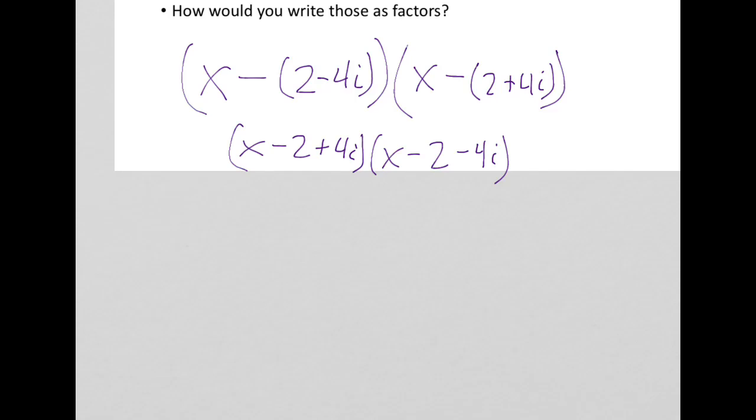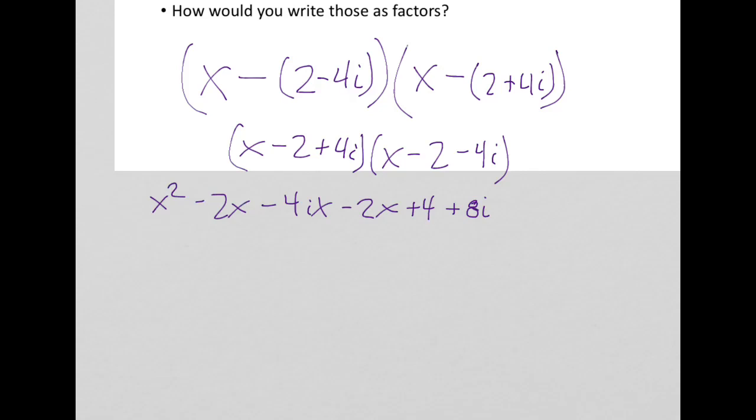I can multiply them together. x times x is x squared. x times negative 2 is negative 2x. x times negative 4i is negative 4ix, and I'm just distributing, and now I'm foiling, but there are 3 terms in each, but that's okay. Negative 2 times x is negative 2x. Negative 2 times negative 2 is positive 4. Negative 2 times negative 4i is positive 8i.